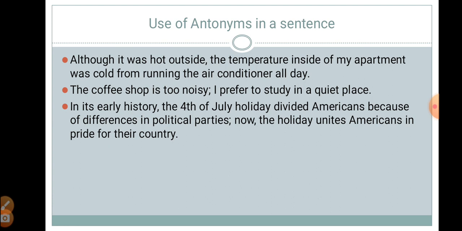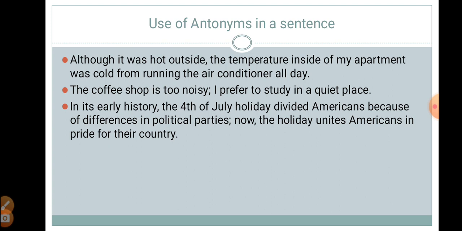Here we say that although it was hot outside, the temperature inside of my apartment was cold from running the air conditioner all day.